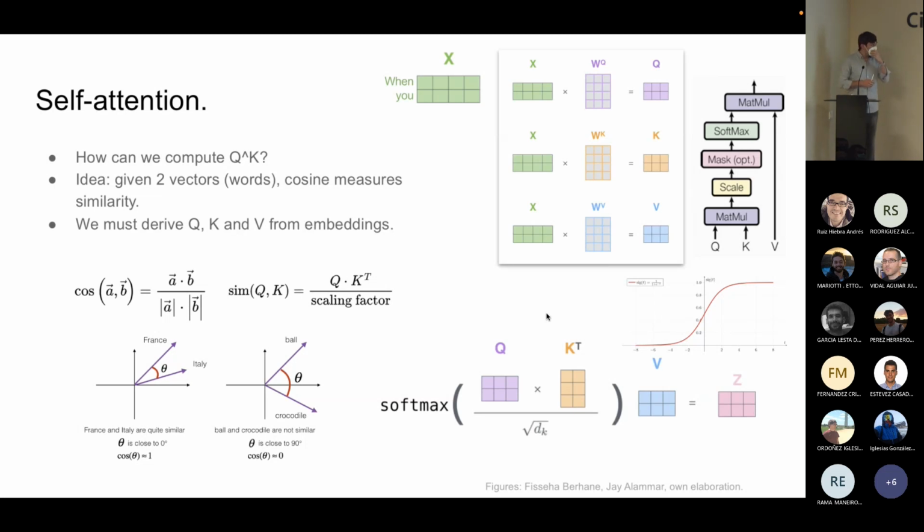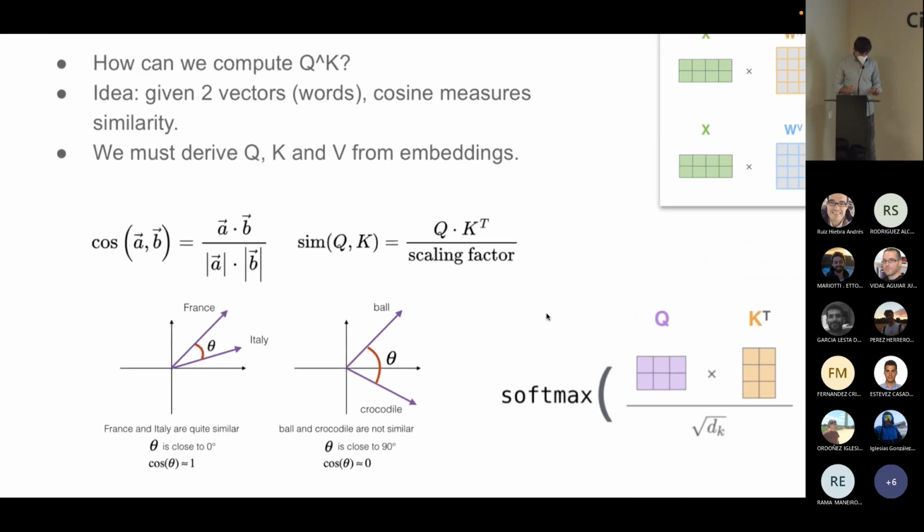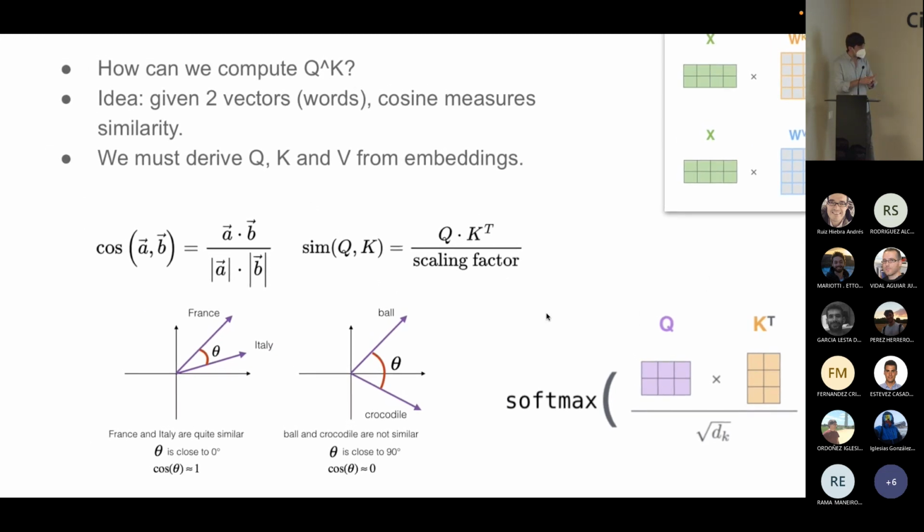And we can see an intuition of how this works from the cosine. We see that the cosine of two vectors, when they are really close, approaches 1. And when they are 90 degrees apart, the cosine approaches 0. So a measure of similarity between vectors is to do a cosine, a dot product, and divide by a scaling factor.